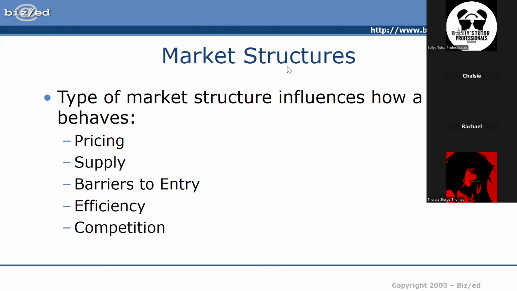So the market structure basically outlines how the market that a business belongs to behaves.